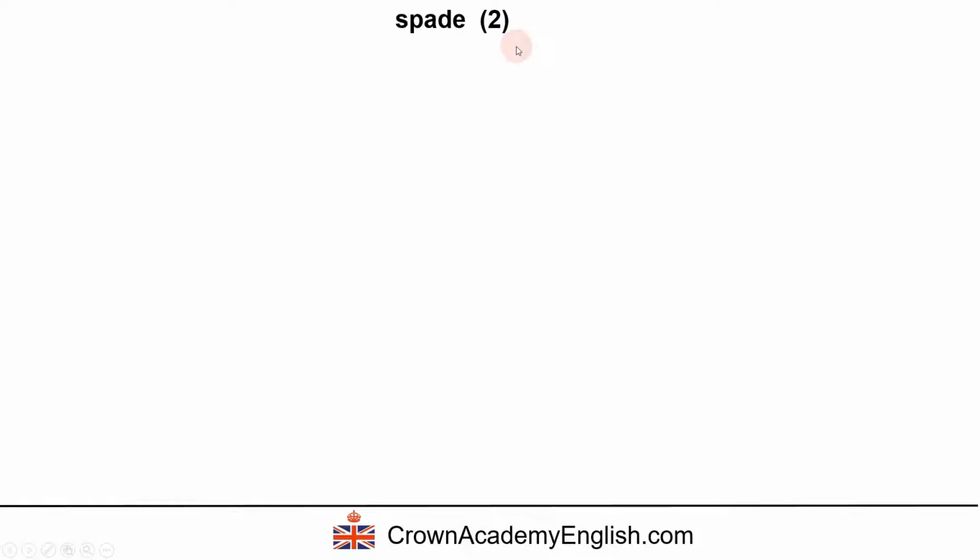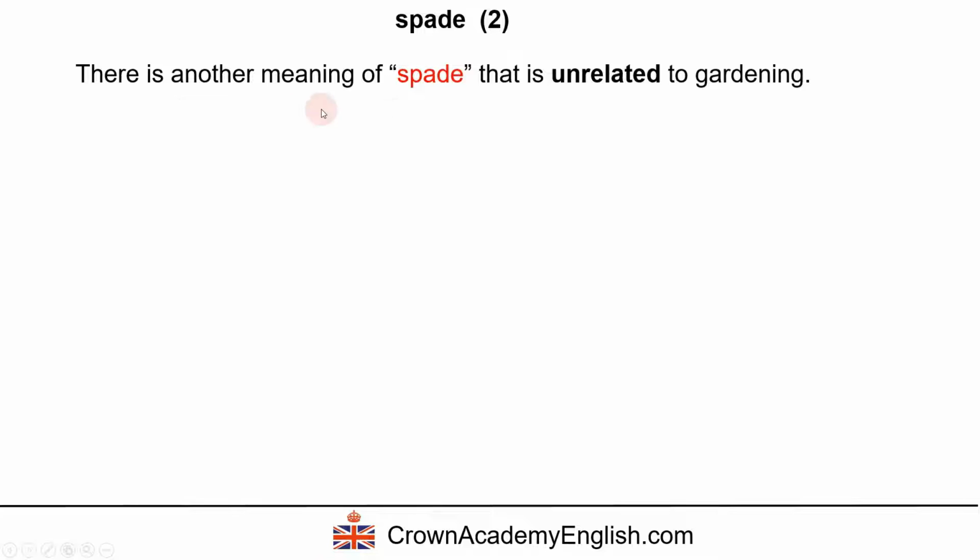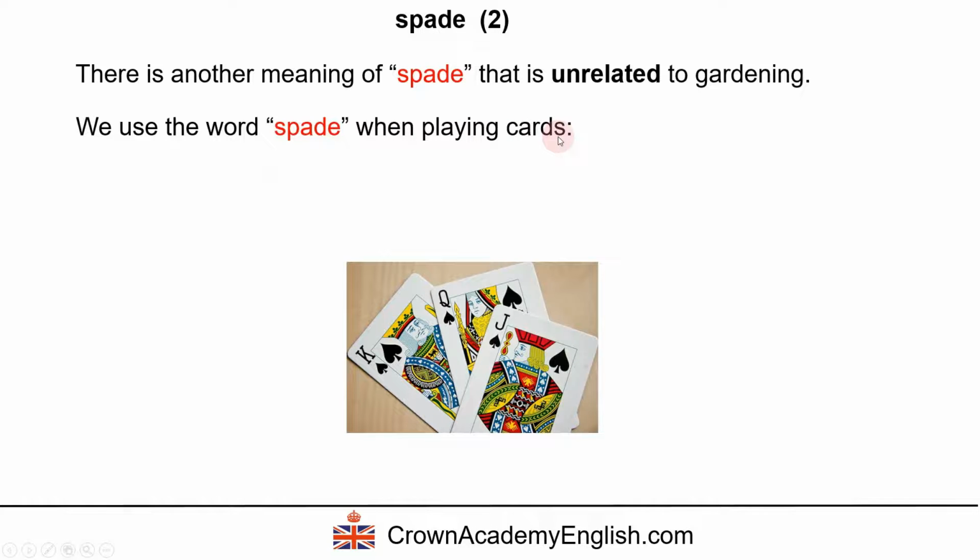Now there is another meaning of spade that is unrelated to gardening. Okay, so it's nothing to do with gardening, totally different. And so we use the word spade when we're playing cards.